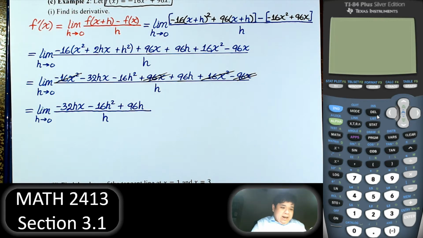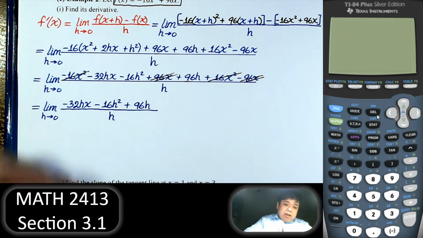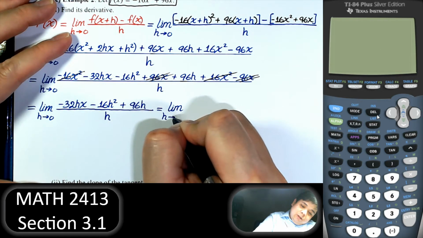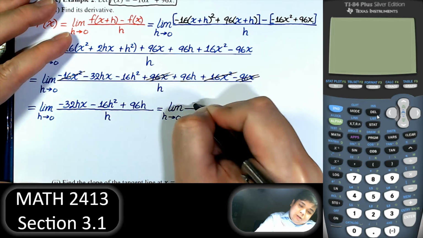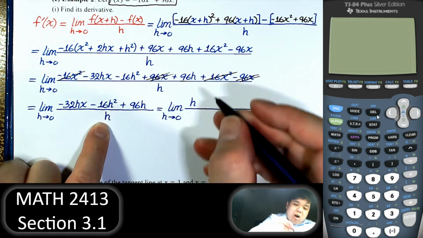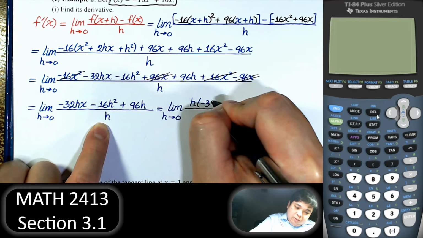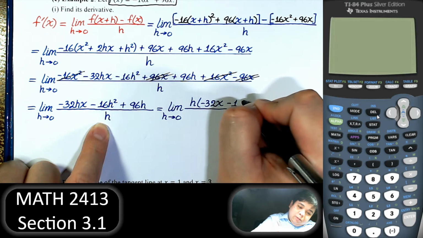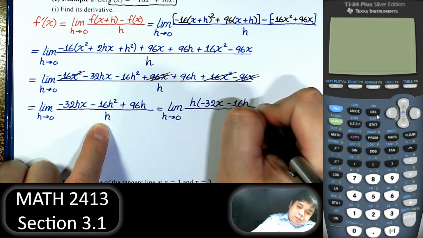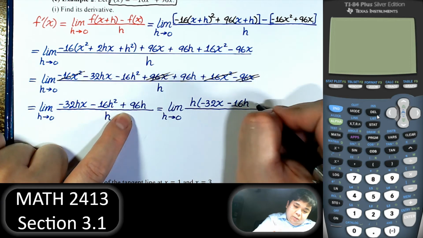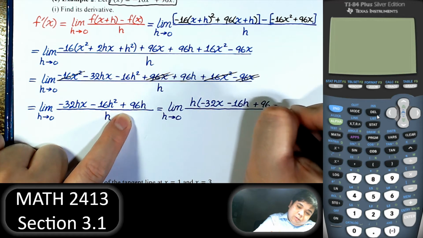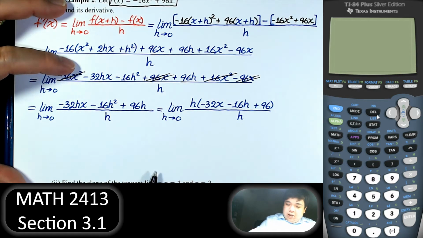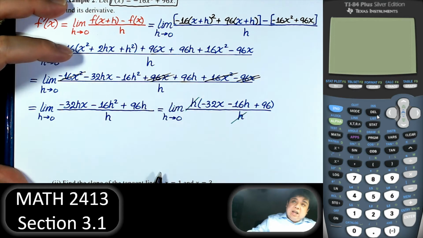Now since all of them have h on the top, I will factor it out, and cancel the h at the bottom. Right, and then the h cancels out.